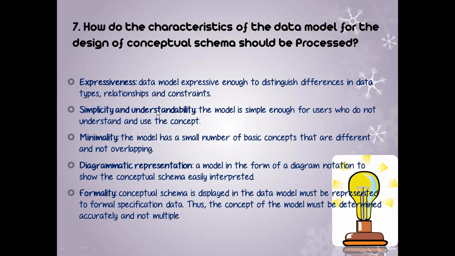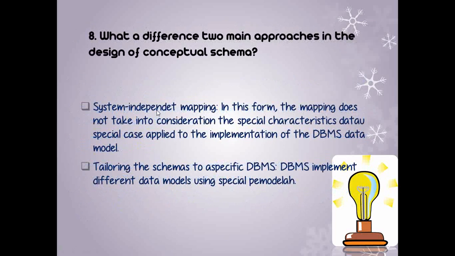Is it clear? Next, what is the difference between the two main approaches in the design of the conceptual schema? We have two main approaches: system independent mapping and tailoring the schemas to the specific DBMS.